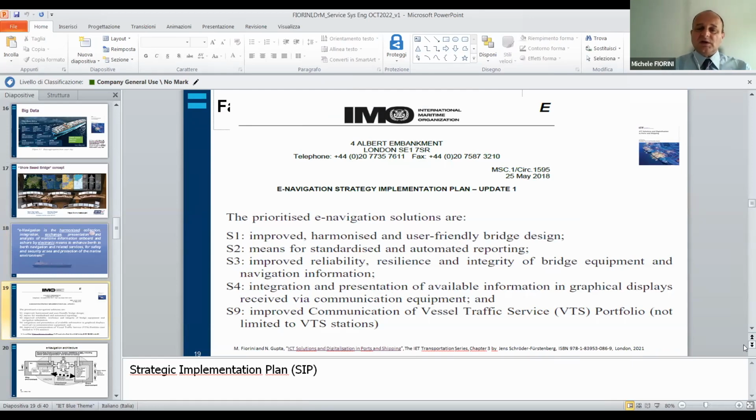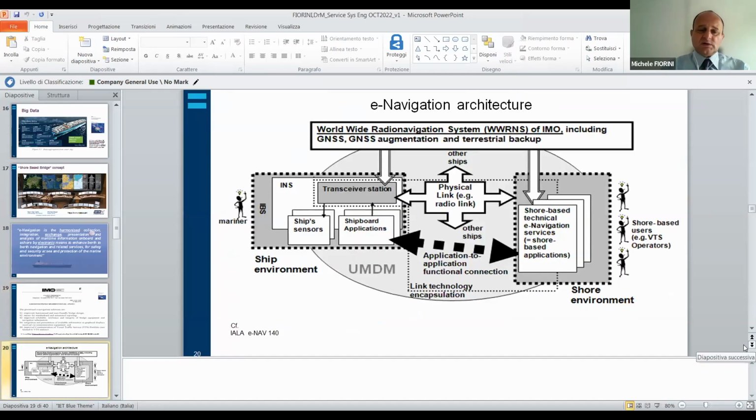That means integrating each other in different contexts in the world, and even more between the shore and ship side. So the very basic schema of the e-navigation architecture appears in the IALA document, which presents the shore side on the right of the screen.